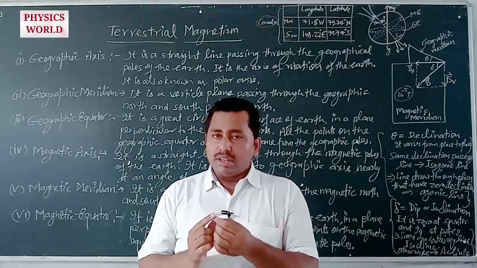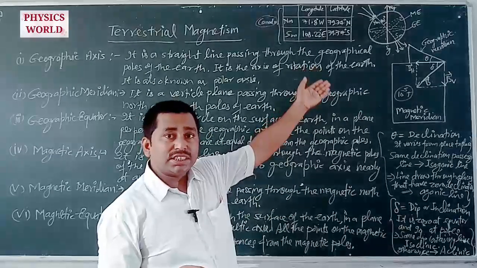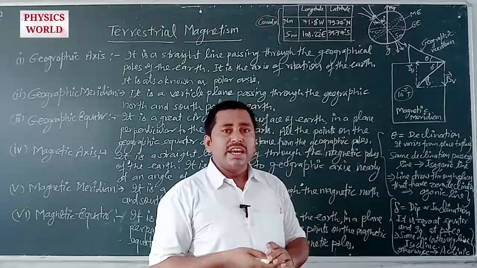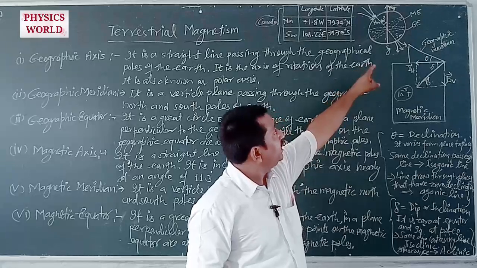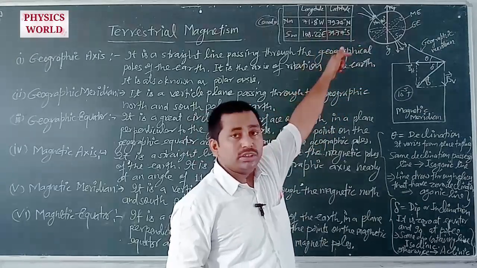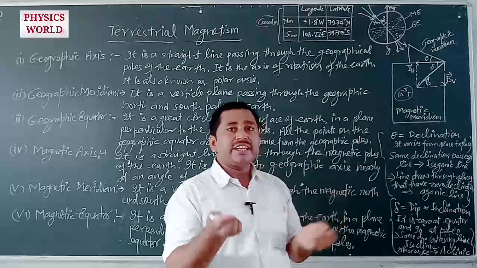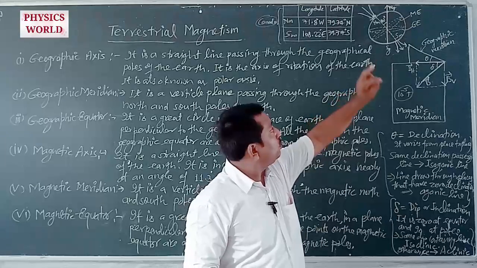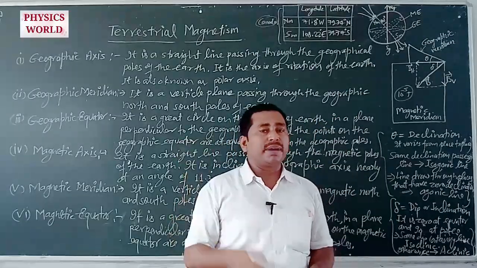But observations show that Earth behaves in the opposite way. The magnetic field lines emerge out from the south pole and enter into the north pole. It means the north pole of the Earth behaves like the south pole of a bar magnet, and the south pole of the Earth behaves like the north pole of a bar magnet.